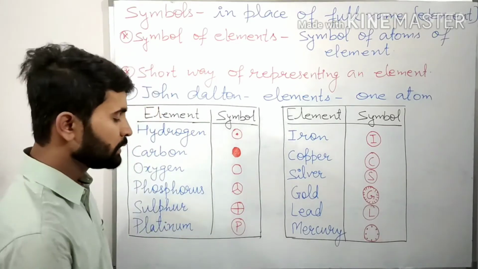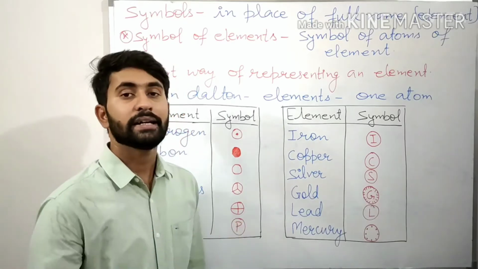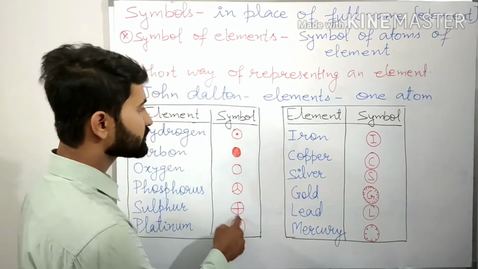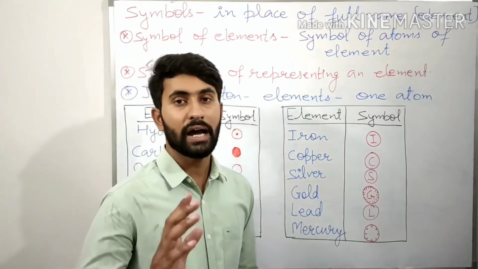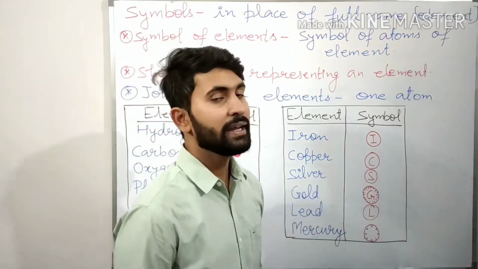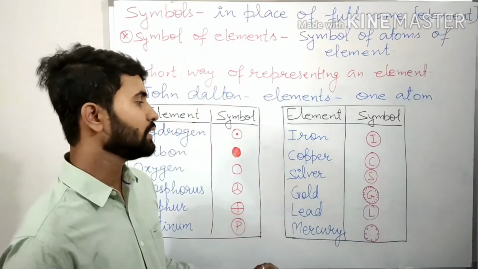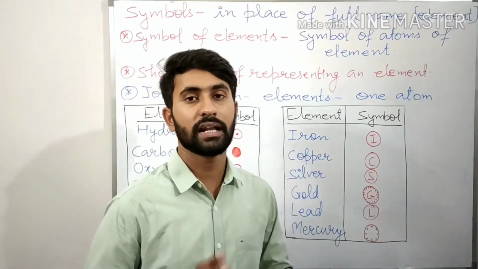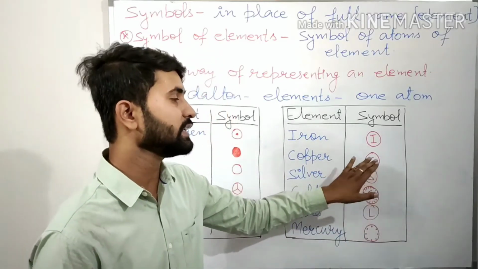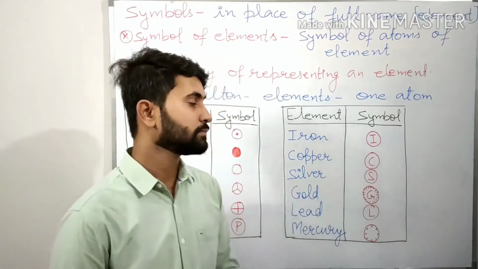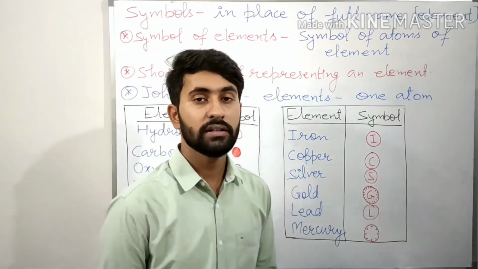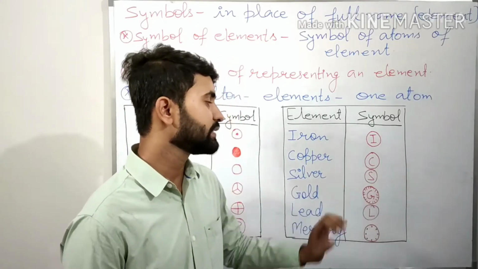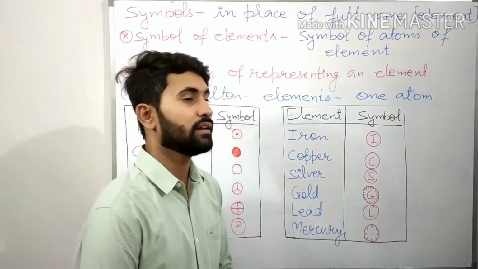For platinum, the letter P is written inside a circle. For iron, the letter I is written inside a circle. For copper, the letter C is written inside a circle. For silver, the letter S is written inside a circle.